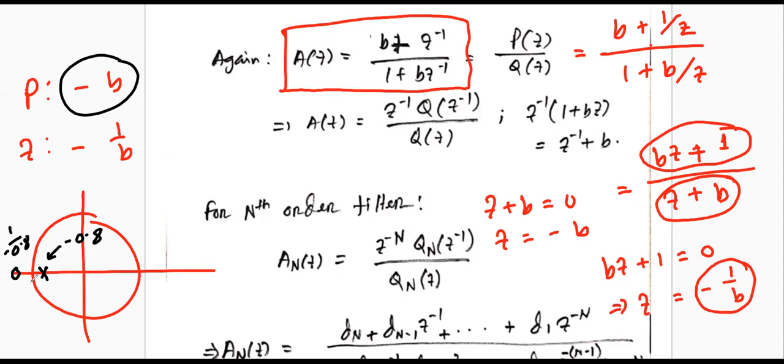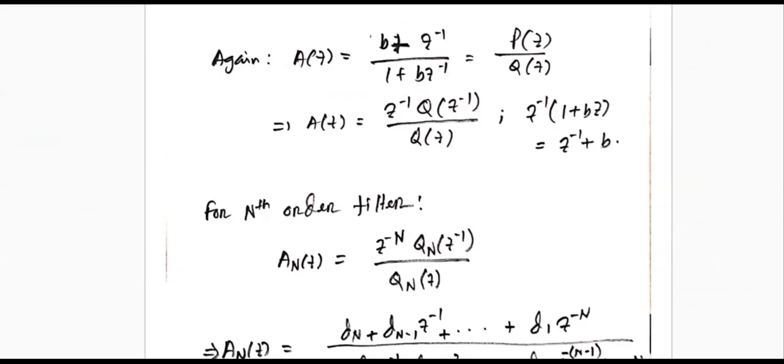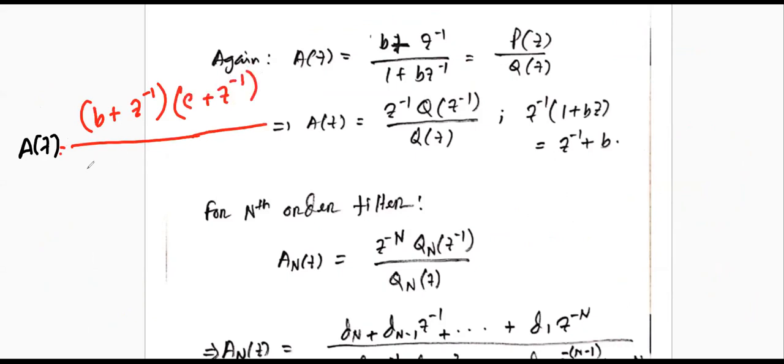So if we have a number of poles and zeros like this, and the transfer function is like this, with (B plus Z to the power minus 1) and (C plus Z to the power minus 1) in the numerator, and 1 plus B Z to the power minus 1 and 1 plus C Z to the power minus 1 in the denominator, then we can determine the pole locations.